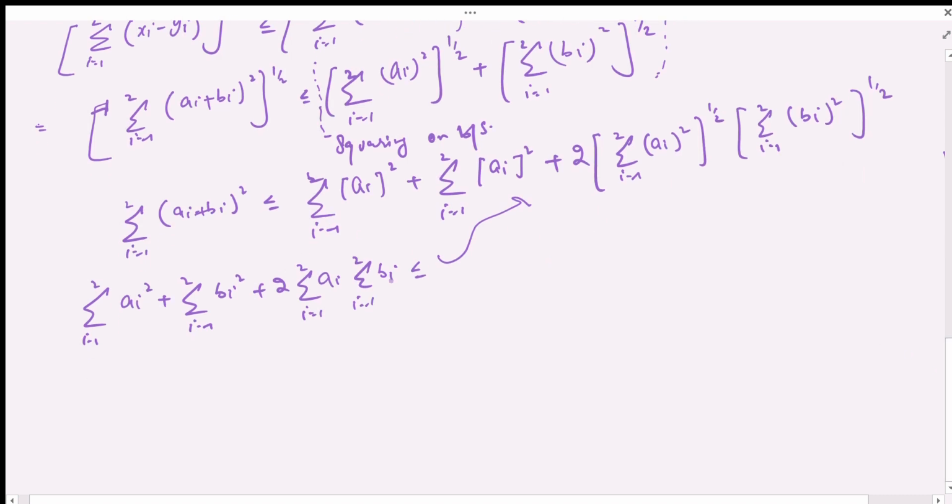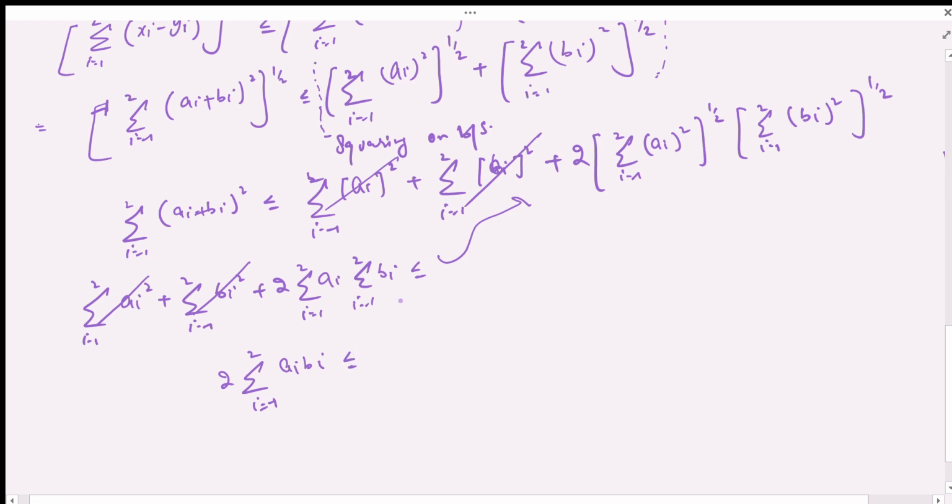Now what you will do, see here, I can easily cancel out this with this thing and this with this thing. So I think this is bi here, so I can cancel out. Now I am left with 2 times the sum of ai and bi at the same time, because it is a summation of the product, I can combine them.